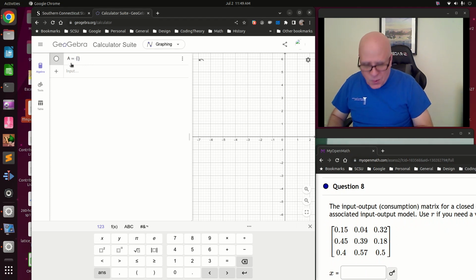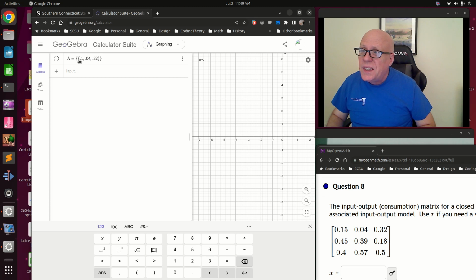Cool. So our first row has a 0.15, a 0.04, and a 0.32. The format of these things is to use curly braces around the items, and the items in this matrix are the rows in the matrix.